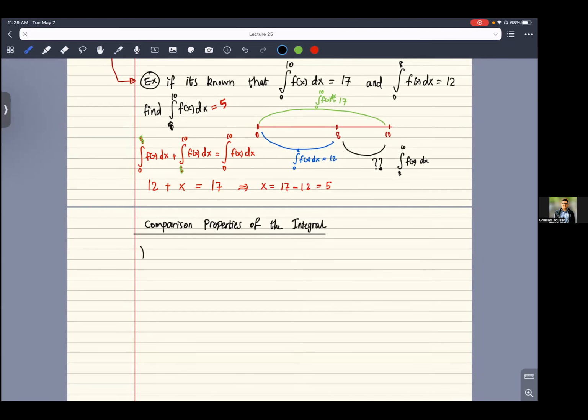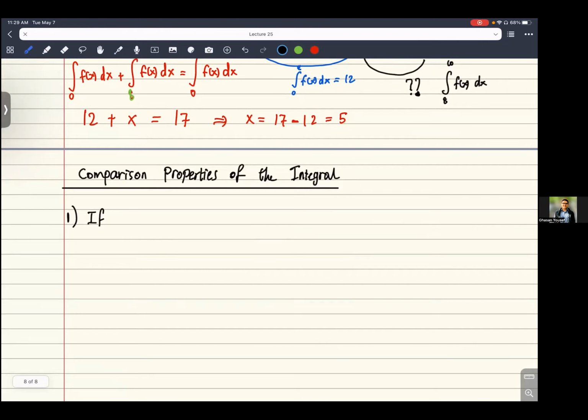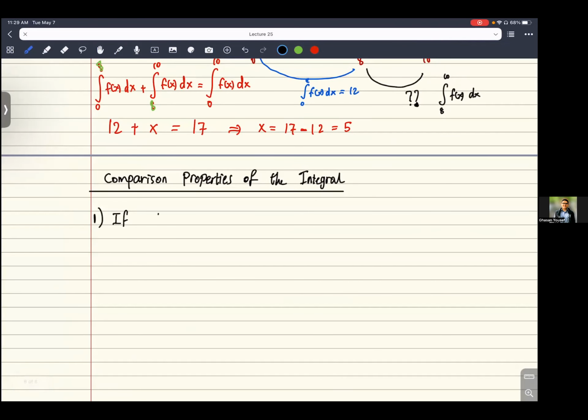Number one, you should know if f of x is greater than or equal to 0 for x between a and b, then the integral of f of x from a to b is also positive or 0.